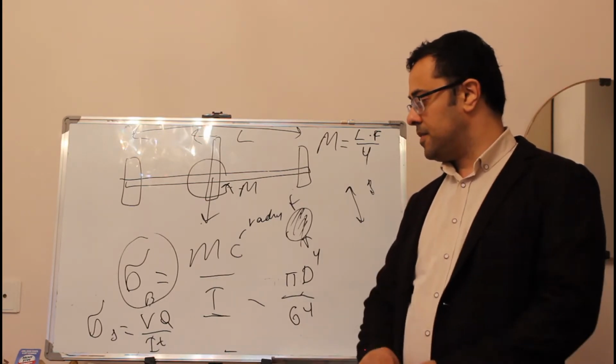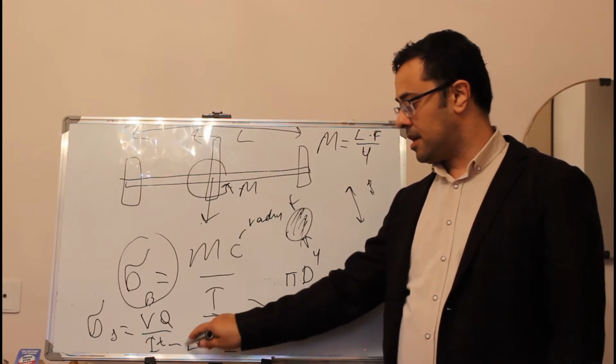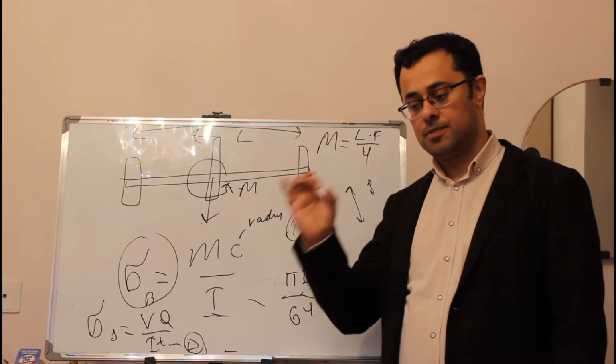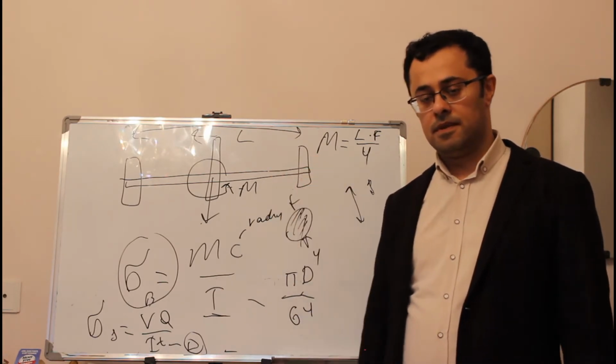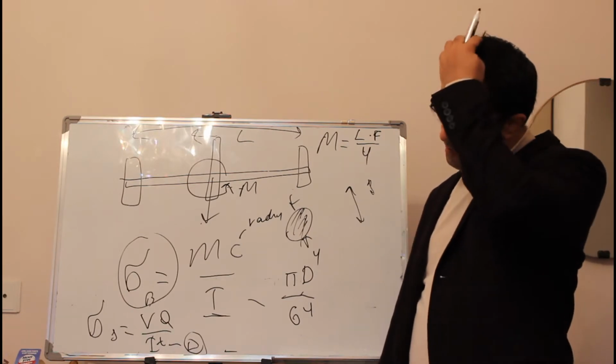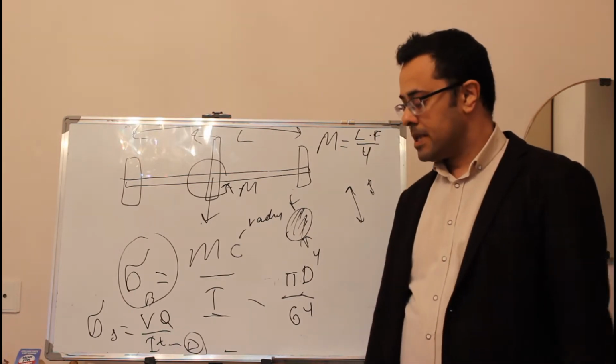And in VQ over It, take t as the diameter because it's not a hollow structure, but filled, like a shaft. It's not a thin walled structure, so diameter will be good for you.